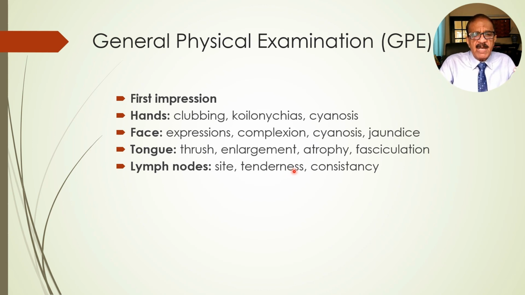But if they're big and tender, or if they're palpable in an area where they should normally not be palpable, like the supraclavicular fossa and the anterior cervical chain, that means there is a problem. There could be some inflammation, or there may be leukemia, lymphoma, and many other conditions.